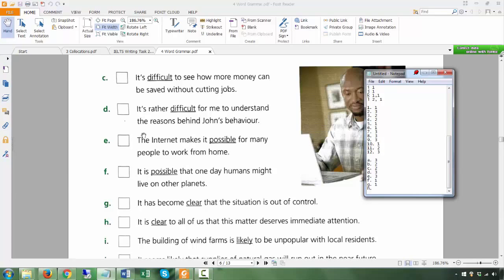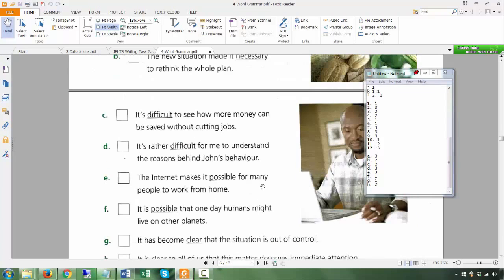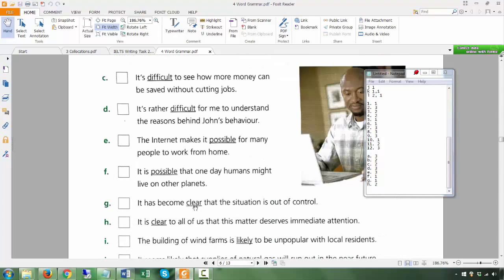H, clear to. Now what is this to? Is this to plus base verb or to as a preposition? To all, this is a noun, so it's to as a preposition, so 3. This to is a preposition, so it's 3.